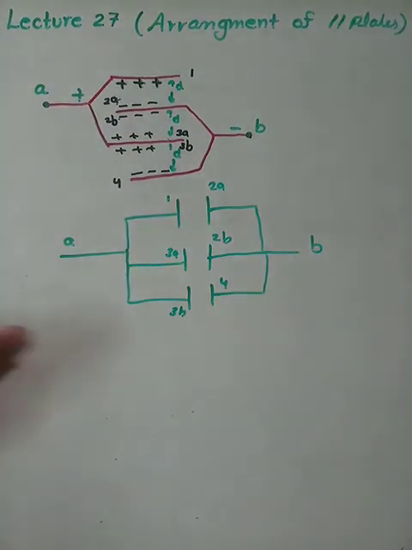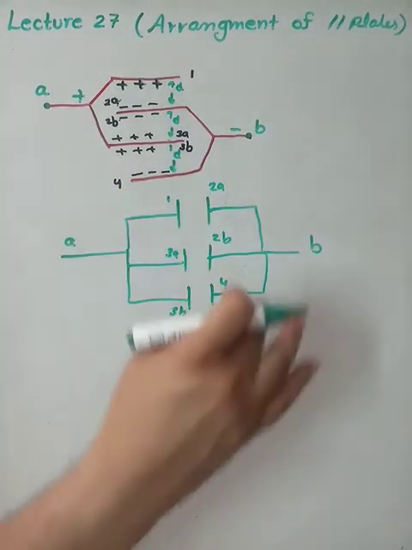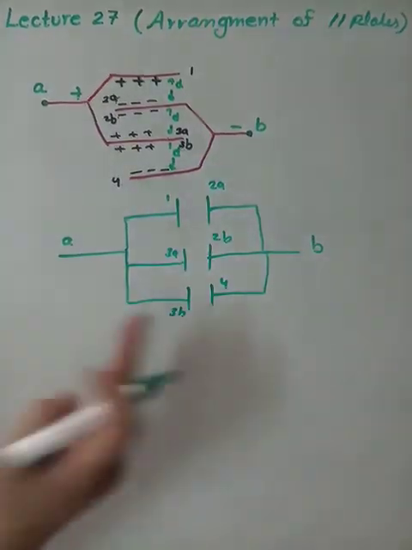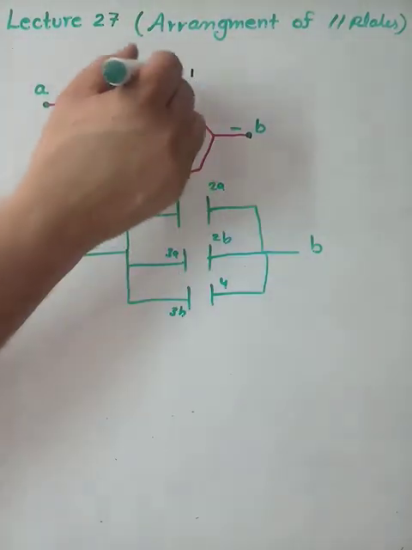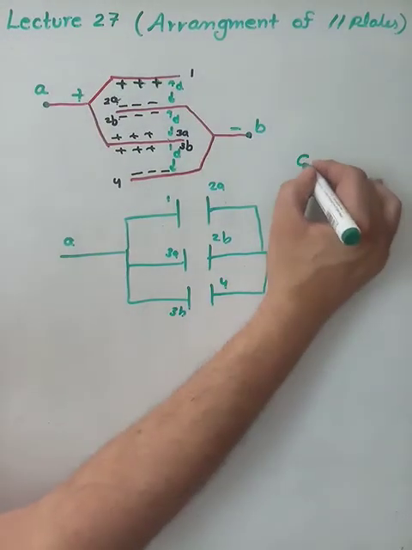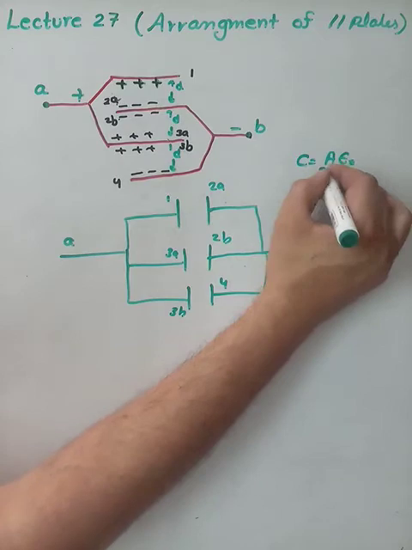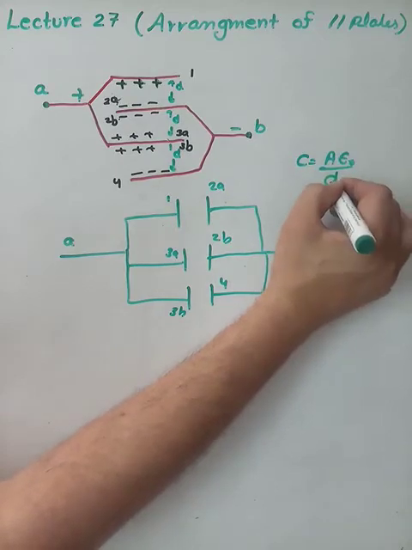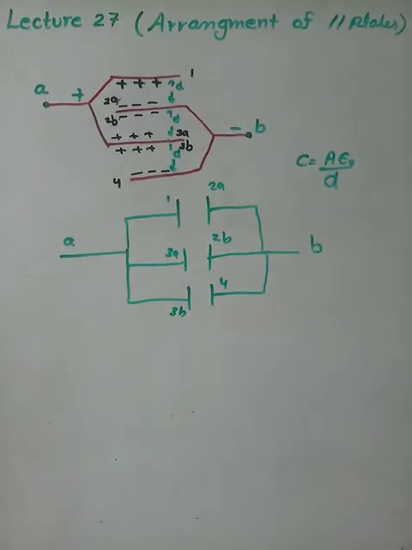Now, if I give the simplification of this arrangement, you can easily solve it, because all the plates are identical and the separation is also the same. Since capacity depends on epsilon naught A upon D, area is the same and distance is the same, so the capacity will be the same.